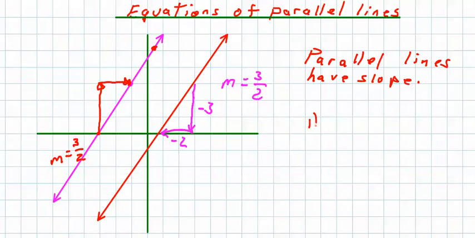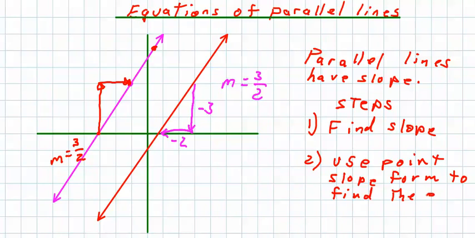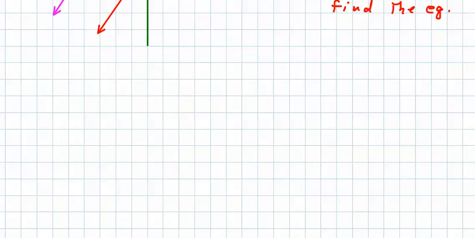So, the steps are very simple. 1, find the slope of the line. 2, use point-slope form to find the equation of the line. All right, I have one very simple example, and that's all that we should need.